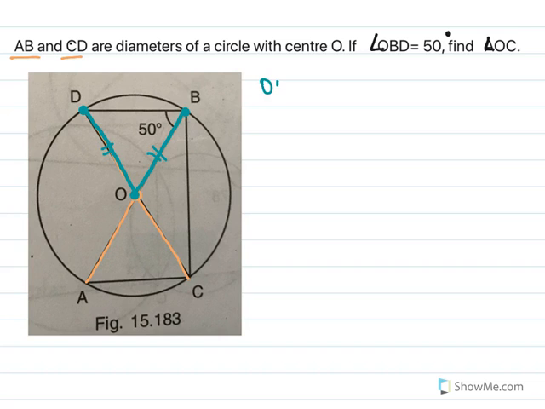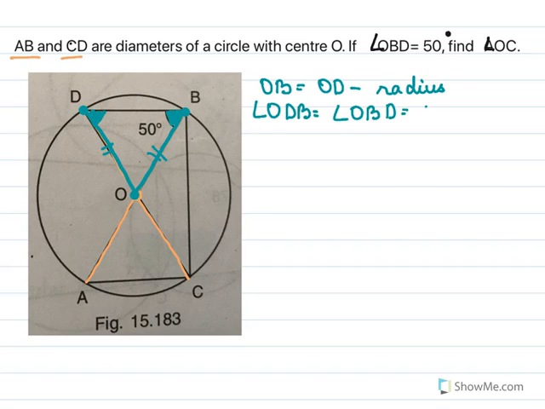We have OB equal to OD because they are radii. If the radii are equal, the base angles must be equal. So this is 50, here also will be 50. So angle ODB equal to angle OBD equal to 50. So this angle now is also 50.